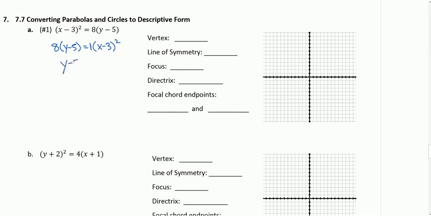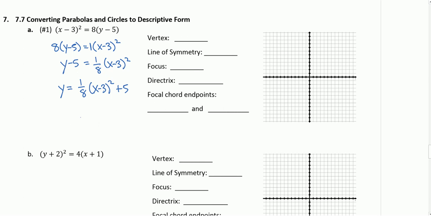Divide by 8, and you end up with y minus 5 equals 1/8 times x minus 3 squared, and then finish by adding 5. So y is equal to 1/8 times x minus 3 squared plus 5. That's the descriptive form that we want to use to find all the missing pieces.